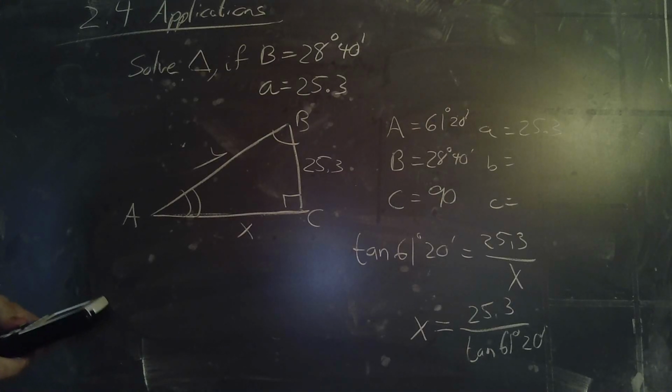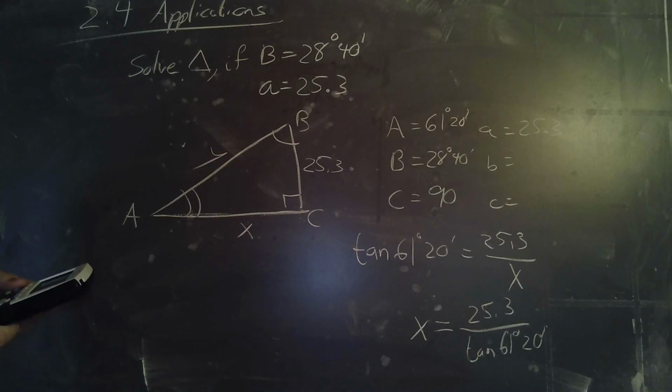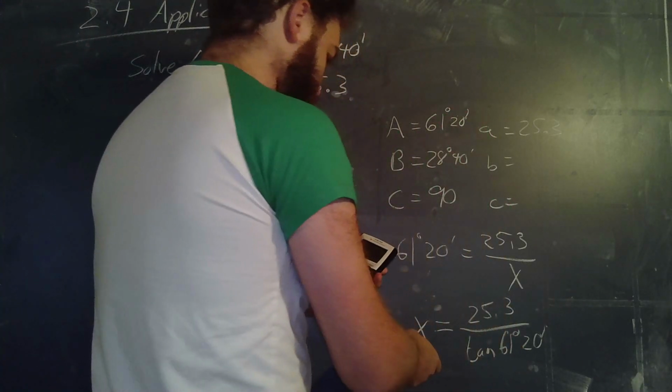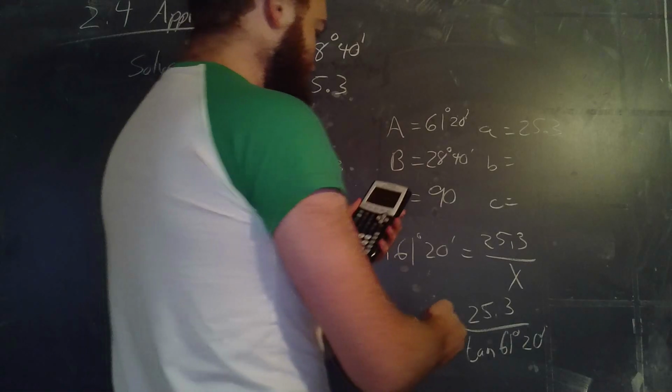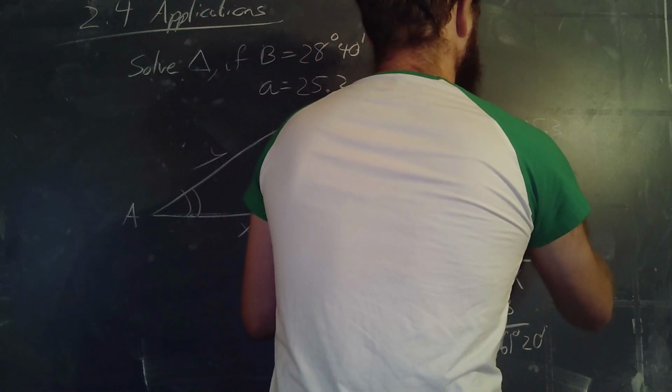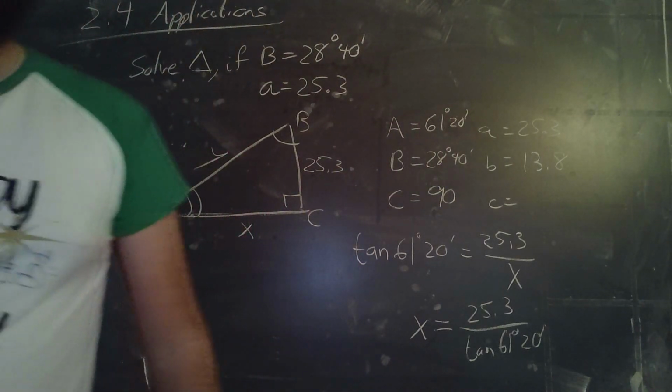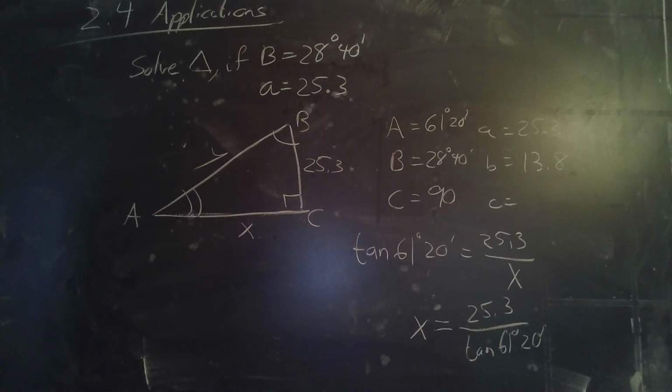So next we can take 25.3 and divide it by the tangent of 61 degrees and 20 minutes, and it will give us that our side x is 13.83, or in other words, b is 13.8 when we round. Now notice that this is an arbitrary rounding.